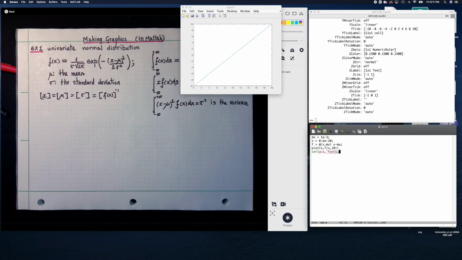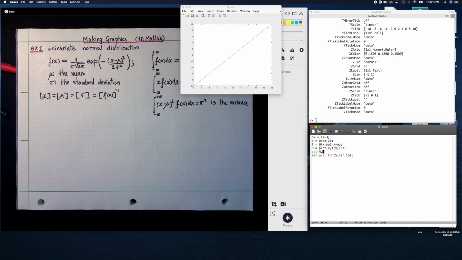So one of them is font size, and I'm going to make that 16. And another one is the line width, which is a little bit thin. So set GCA line. Yeah, sorry, that's not right. I have to get a handle for the plot, and then I can set that.